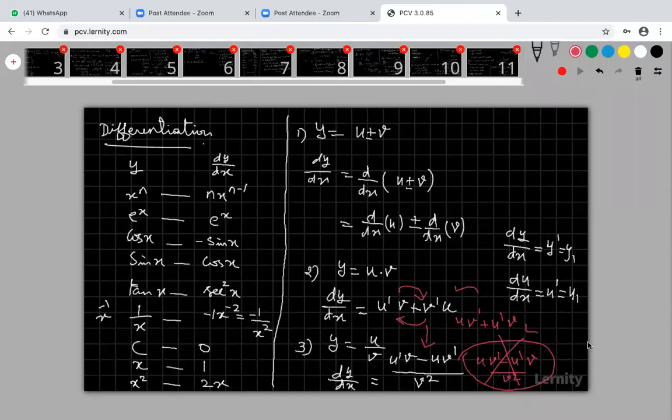So therefore, try to understand that quotient formula. This is called as product rule. This is product rule. This is quotient rule. This one is quotient rule. You please note it here. This is quotient rule.